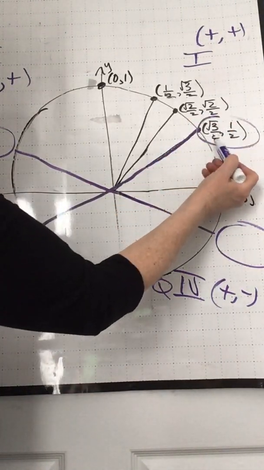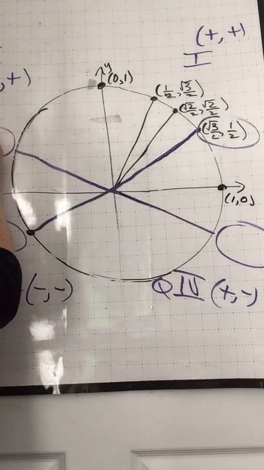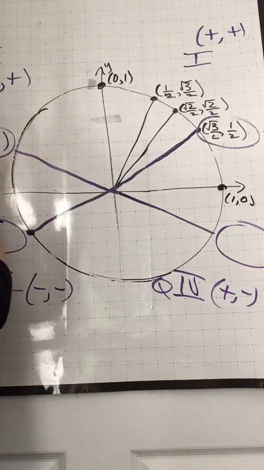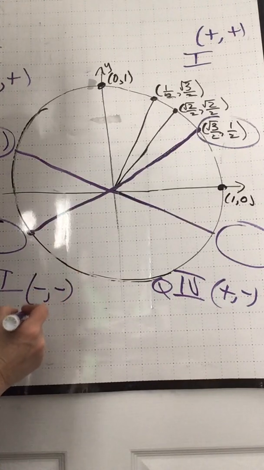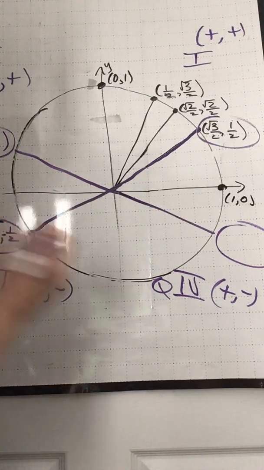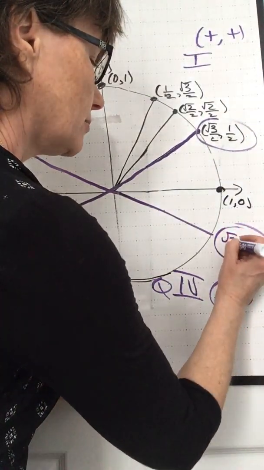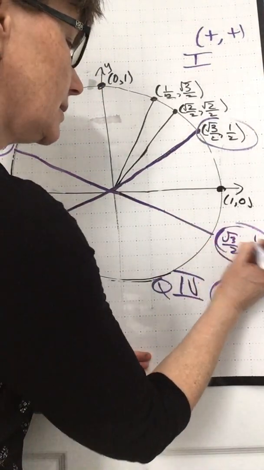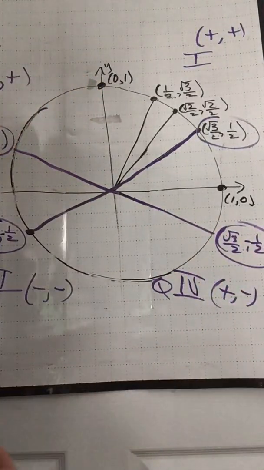So root 3 over 2 and 1/2 still stays root 3 over 2 and 1/2 is the ordered pair over here, but the x has to be negative. Still stays down here, root 3 over 2 and 1/2, but they are both negative. Still stays here, root 3 over 2 and 1/2, but only the y is negative.